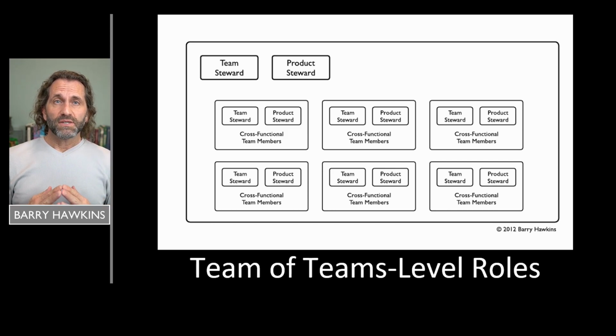This person is responsible for shepherding that overall vision for what this group of teams is working on. So they're typically looking at a portfolio backlog that has not user stories and epics, but rather initiatives, large outcomes that span several teams in this group and possibly even dependencies outside this group.